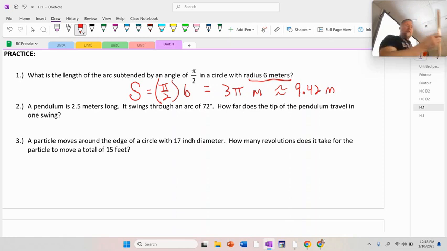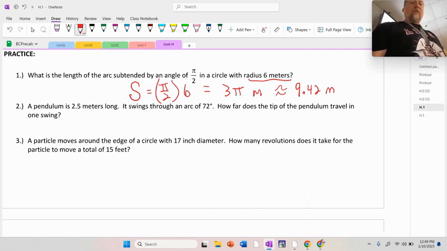Let's pretend this is a meter stick. That would be 9 of these that you walked along a circle. So it's an actual concrete length. So if that circle was that large, that's what you need to understand. So when the angle's in radians, it's theta r. That already has factored in that I'm only dealing with a fourth of a circle. All right, so that's why it doesn't matter.